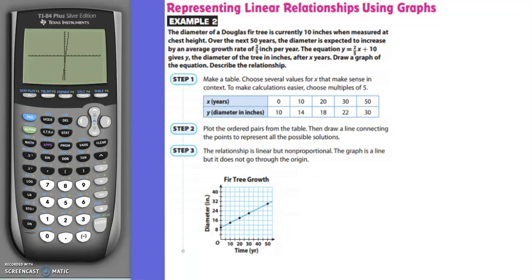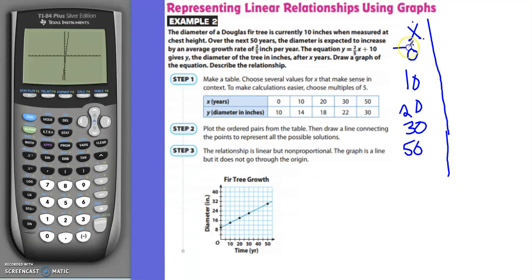Draw a graph of the equation. So what we're looking at here is just our input-output table. If you have 0, 10, 20, 30, and 50, you have 2/5 x plus 10.